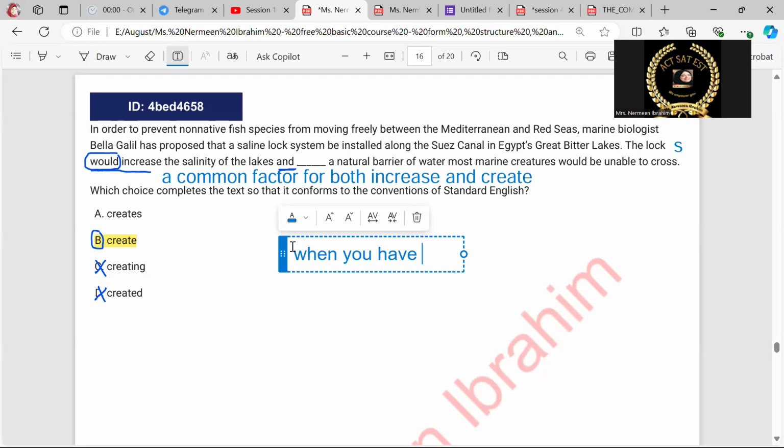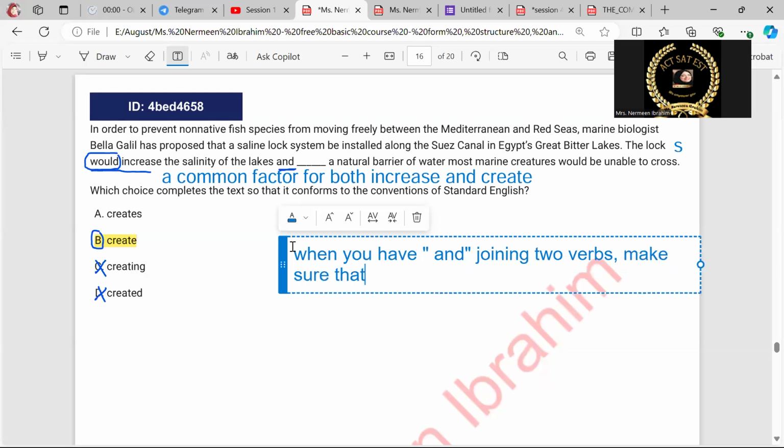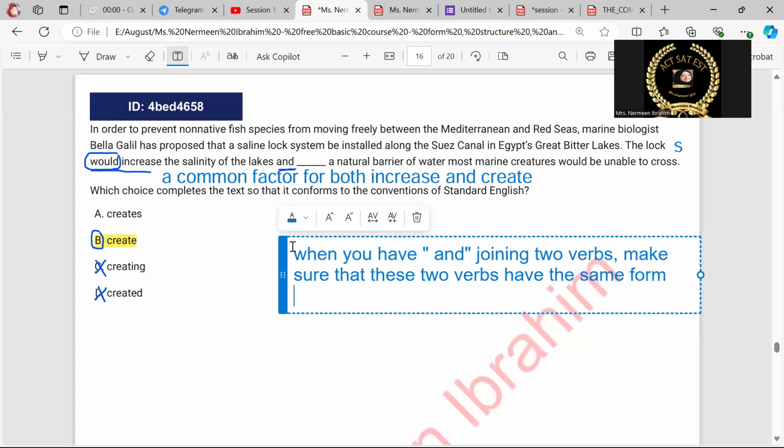When you have and joining two verbs or two verb forms, make sure that these two verbs have the same form.